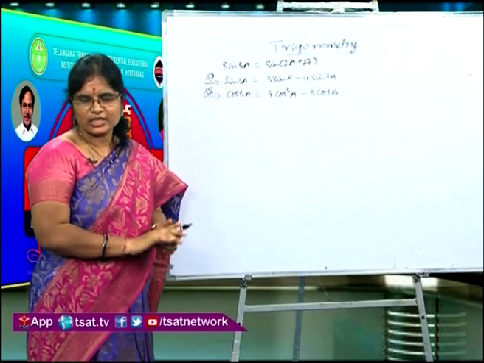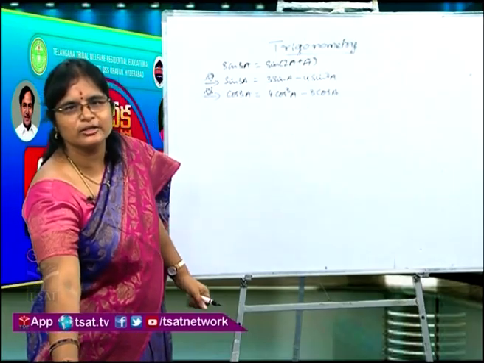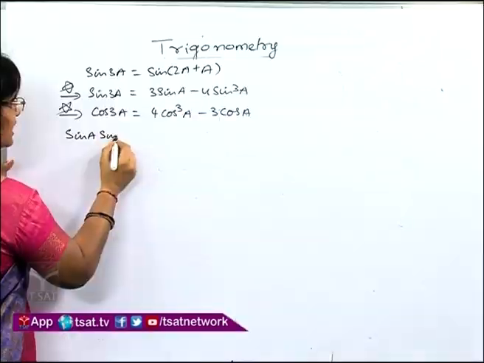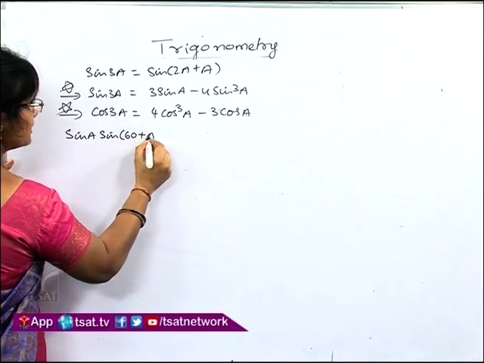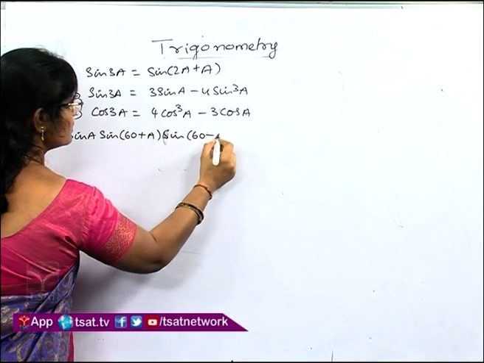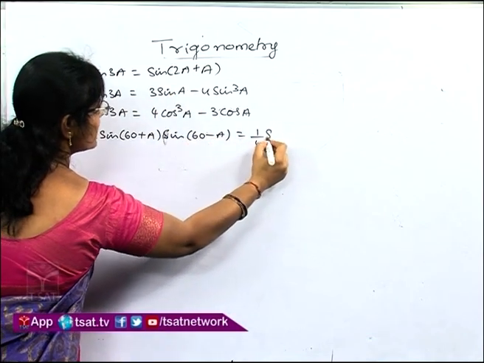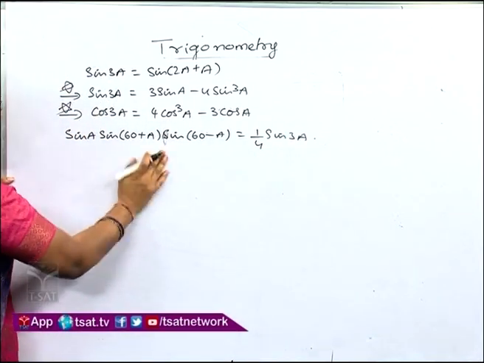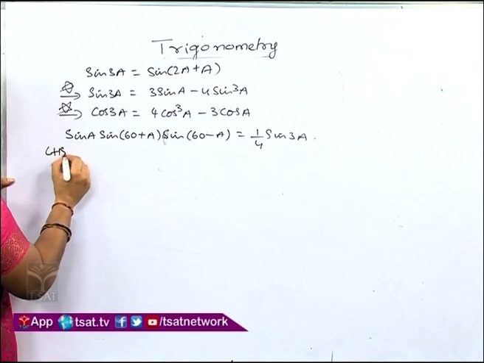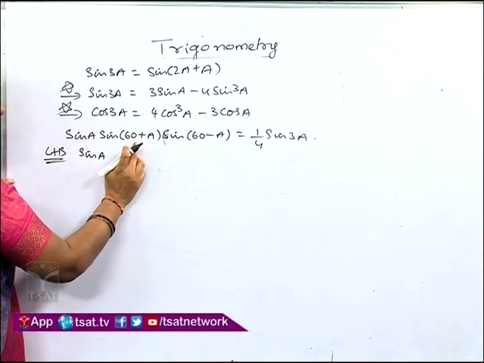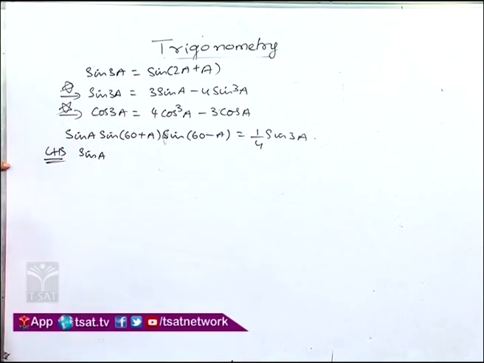Now, based on this, I will show one problem, children. Sin a sin 60 plus a into sin 60 minus a equal to 1 by 4 sin 3a, and deduce something is asking. So, what we will do children, consider LHS sin a, sin 60 plus a into sin 60 minus a. That is sin a plus b into sin a minus b.